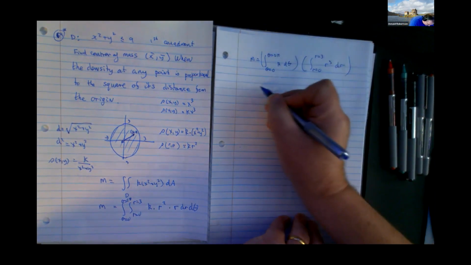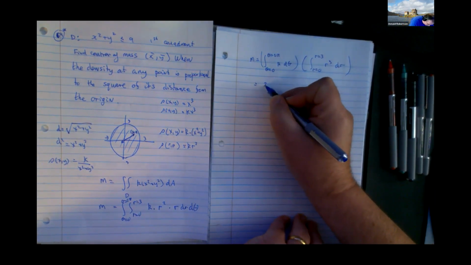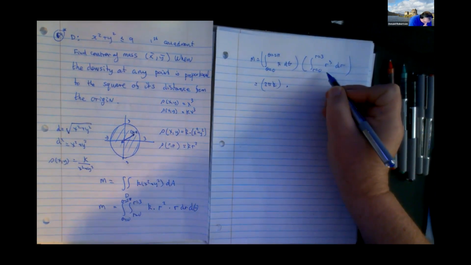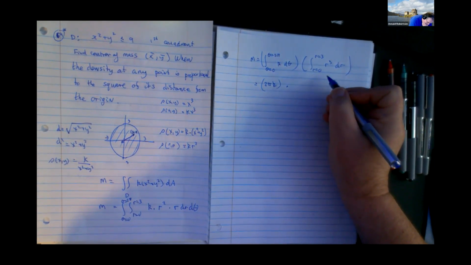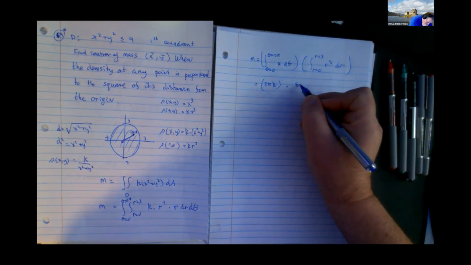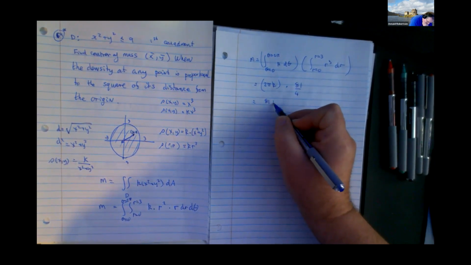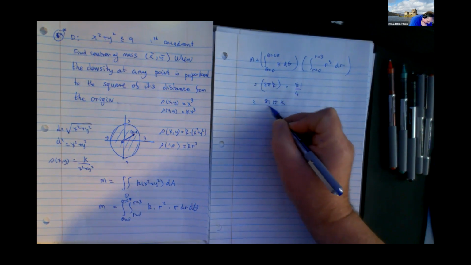This one here ends up being 2 pi k. And this one here ends up being 1/4 r to the 4, so it's 1/4 3 to the 4. So it's 81 quarters. So it looks like I'm going to have 81 pi k over 2.